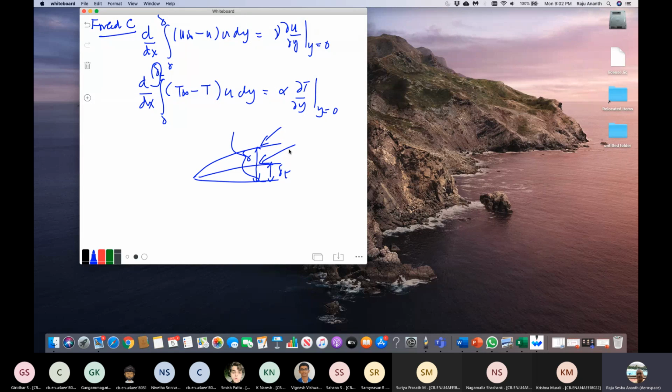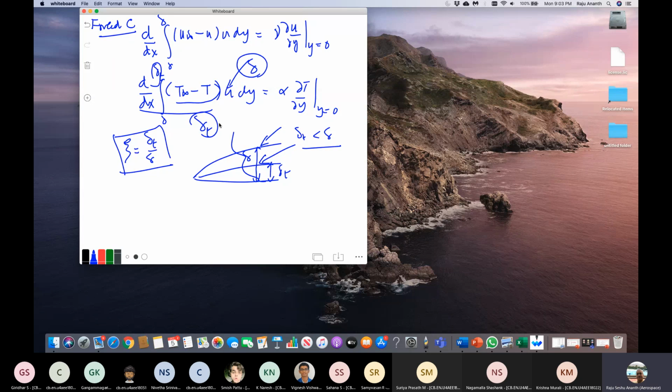The important thing is, if I take a complicated one, the boundary condition will involve a variable, delta t over delta. If delta t is less than delta, this integral will give terms in delta t, and then u will be in terms of delta, so you'll have a mixed value. They are all functions of x. I have to introduce a new variable there to solve for the Nusselt number.